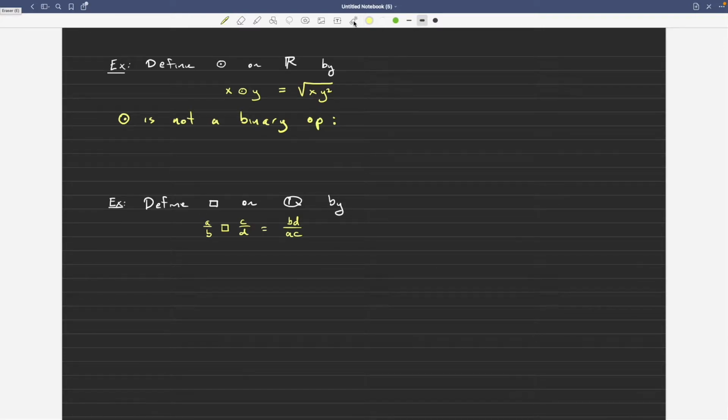Well, since we're defining this on R, then that's R cross R to R. So we're defining a relation from R cross R to R. So the domain necessarily has to be a subset of R cross R, and then the range has to be in R. So when I think about the domain of this thing, I can't consider any domain elements that will produce something that's not in R, right?